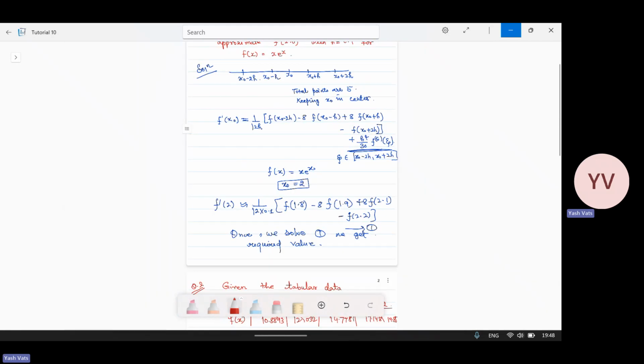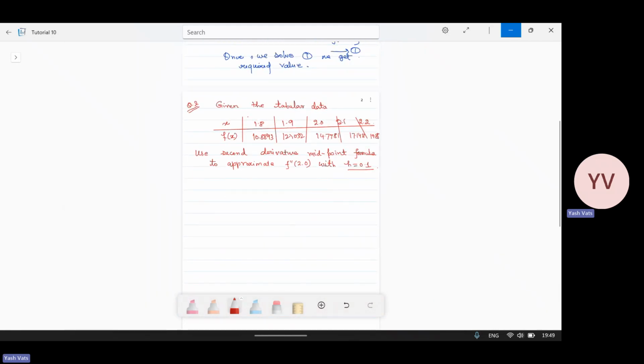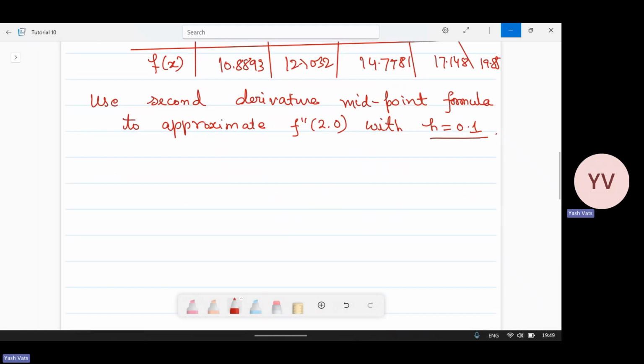Like the earlier question we have done, similarly we have to use some formula for that.